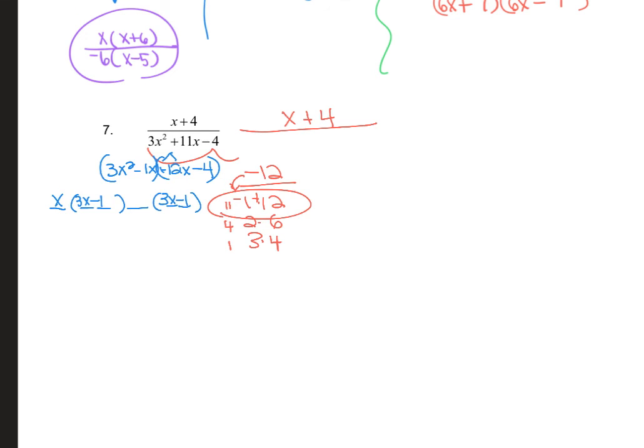And then in order to get the 3x minus 1, we have to have our GCF be a positive 4. Now, we check it. 4 times 3x gets us 12x. 4 times negative 1 gets us negative 4. So this is 3x minus 1, our couple, and our singles that come together, x plus 4. So this goes here. So 3x minus 1, x plus 4.